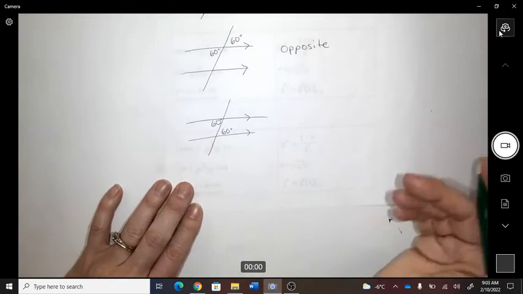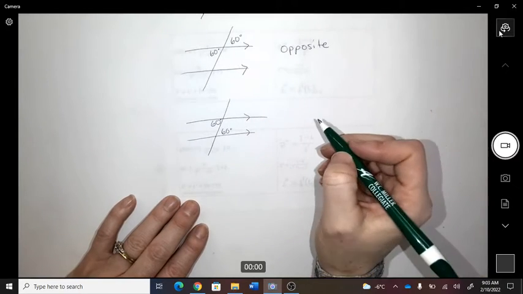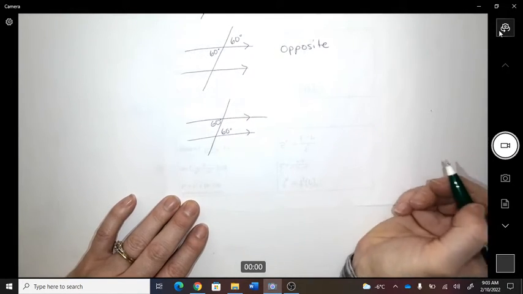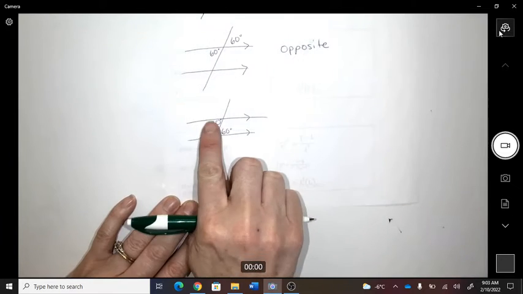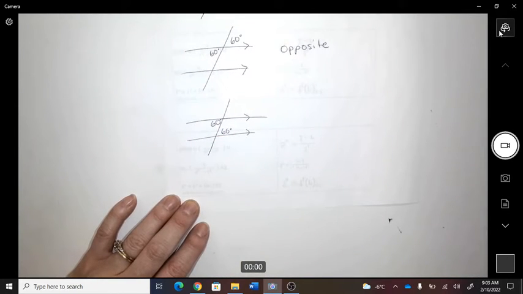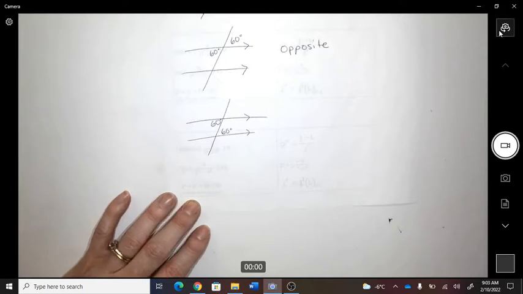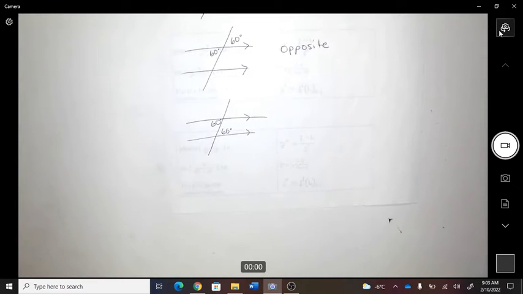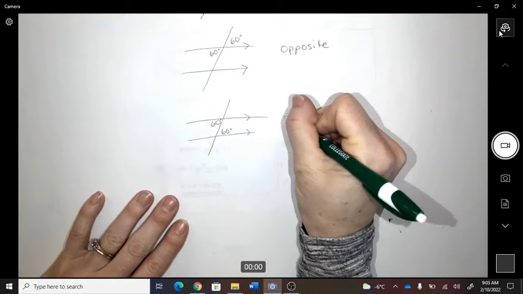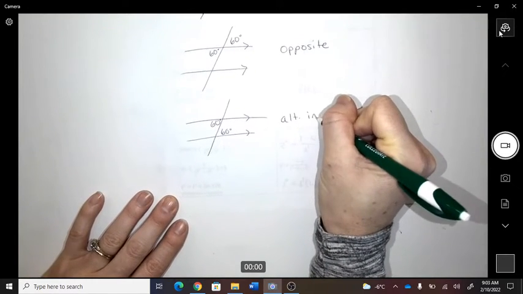What's the reasoning on that one? Remember that rule? What are they to each other? Flip-flopped sides. And if you think about a sandwich, they're on the inside. So alternating interior angles.